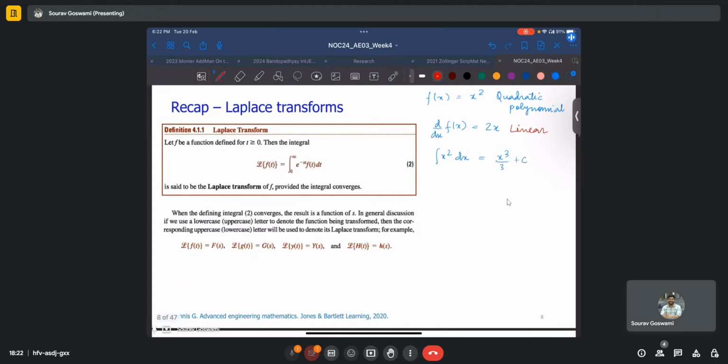And if I were to perform a definite integration over some interval, say 0 to 3, I'll end up with x cubed by 3 between 0 and 3. This will be 27 by 3 minus 0, or 9. This is a constant.